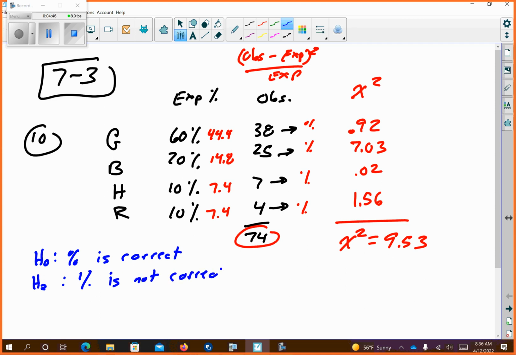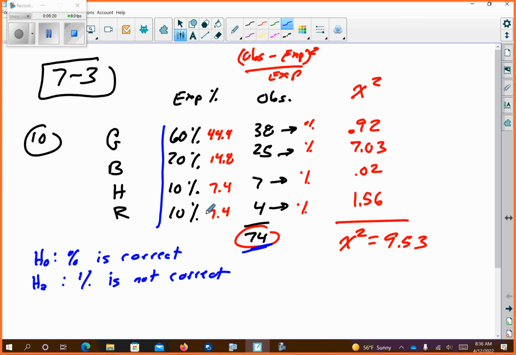Wait, so you want us to take the percent of each of the months? Yeah, so what I did is because we had 74 snakes, I took my expected values and figured out how many snakes. If there was 74 snakes we saw, that means that 44.4 were garter snakes. 20% of 74 is 14.8. 10% of 74 is 7.4, and so on and so forth.